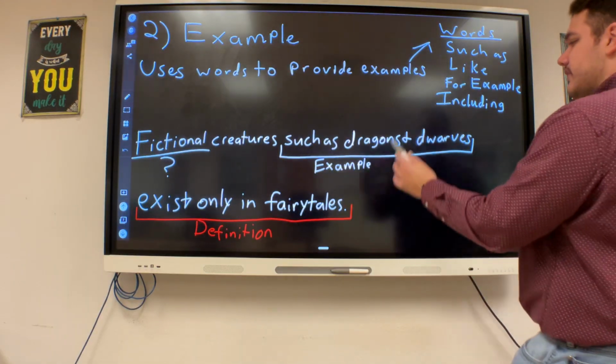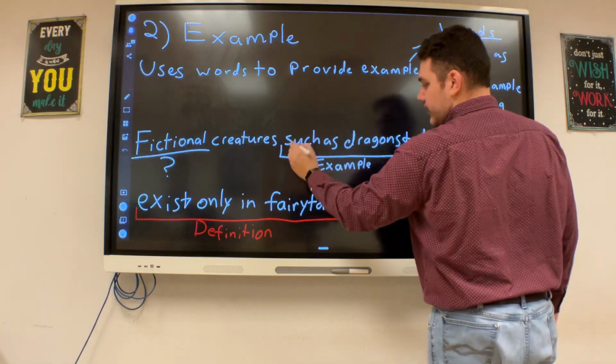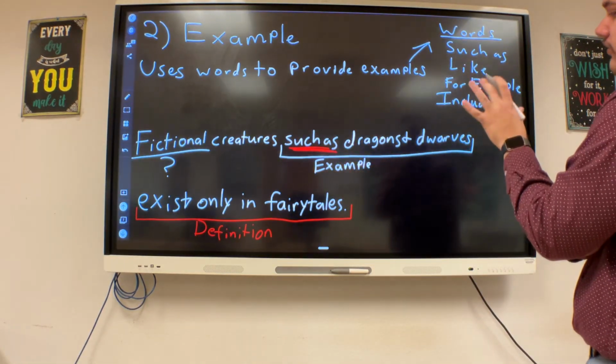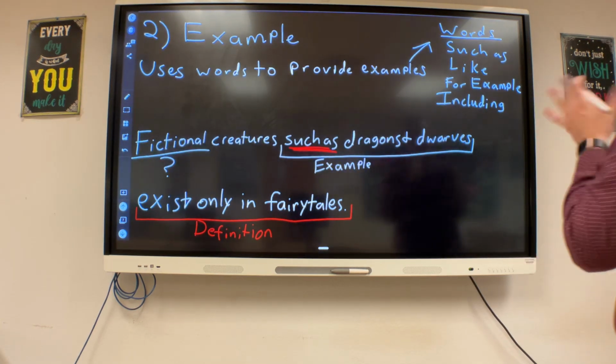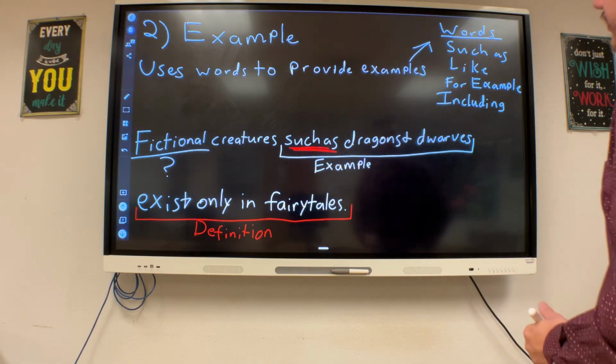Okay, so there's the example right there. Fictional creatures, and there's our word, such as. That tells us right there, such as dragons and dwarves. They list a couple fictional creatures for us to give an example so that we kind of get what's going on. Because we know that dragons and dwarves do not exist in the real world. So fictional has got to mean imaginary, made up, anything like that.